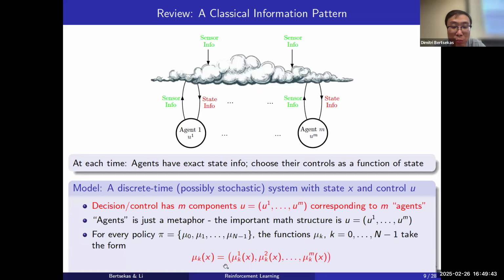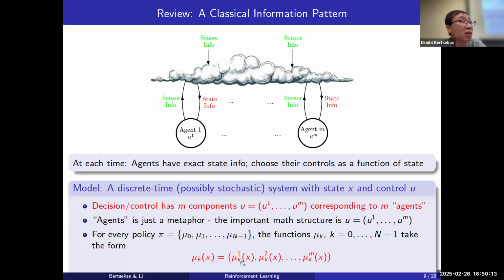As a result, this policy can be represented in this form. Based on the common information X, it selects mu k1. It can be viewed as decoupled into M functions: mu k1 that decides the first component, mu k2 that decides the second component, and so on, and the last component is mu km.